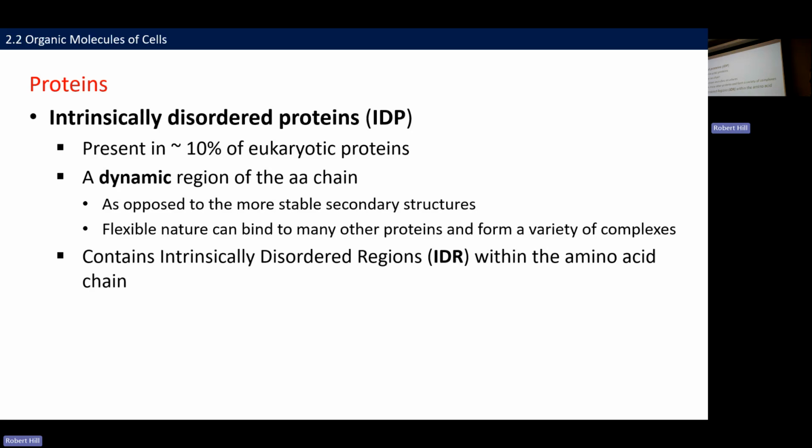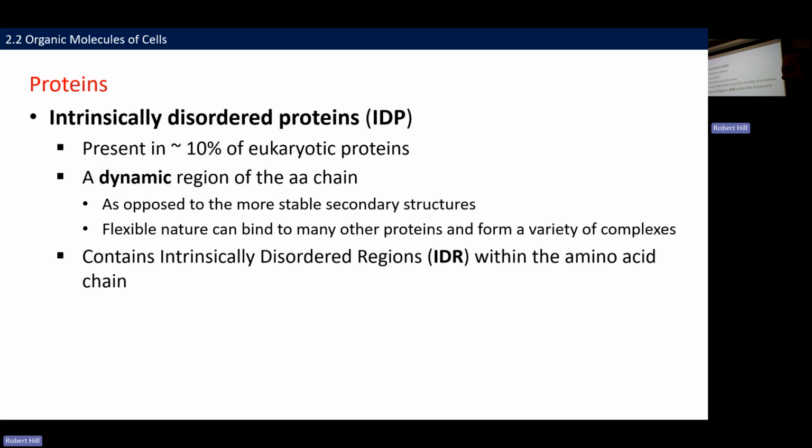Proteins can also contain intrinsically disordered regions. Okay, this is an important concept to grasp. When you think about protein biology and protein function, how a protein works is based a lot on its ability to do different things.